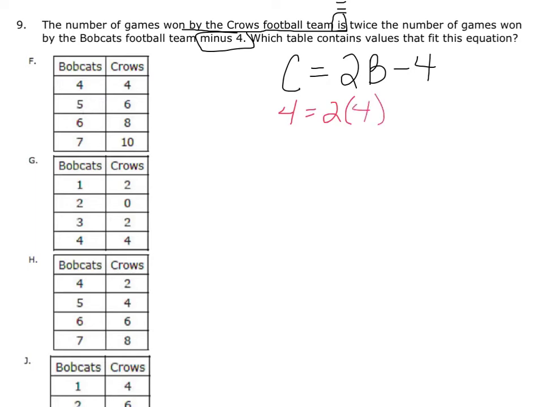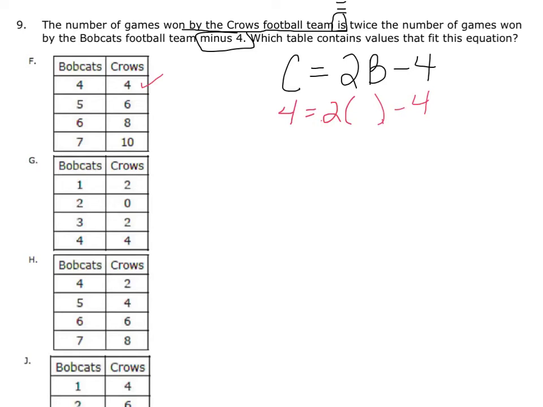So 4 equals 2 times 4 is 8. 8 minus 4. 4 equals 4. So far, that one worked. But I can't just stop with that. I have to try every possible option, every part of the table of values.